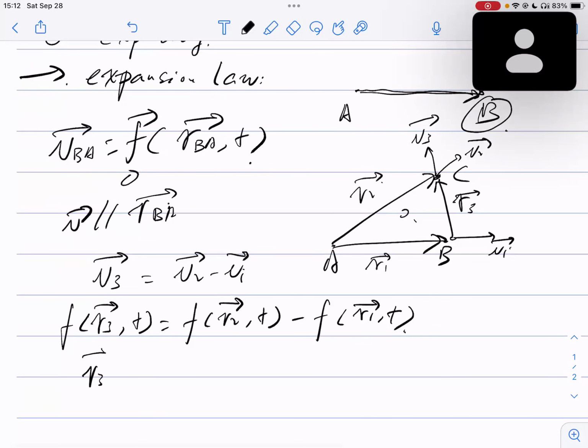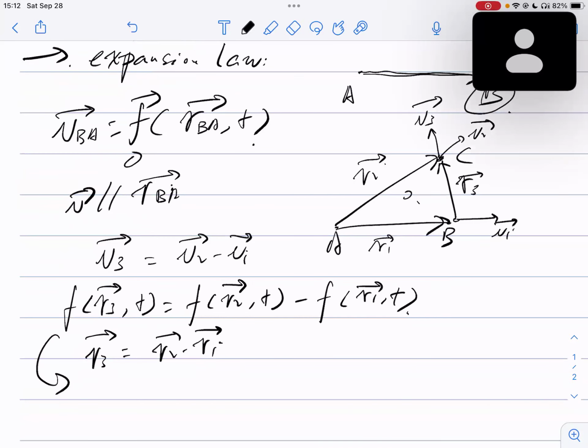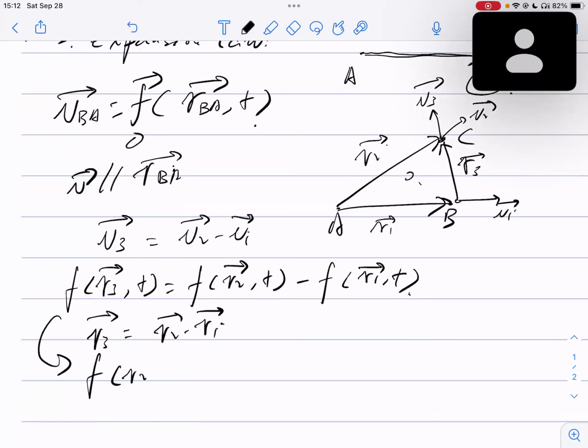Obviously, R3 equals R2 minus R1. So we obtain f(R2 minus R1, t) equals f(R2, t) minus f(R1, t).